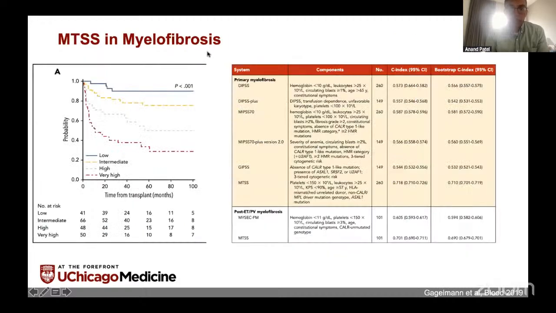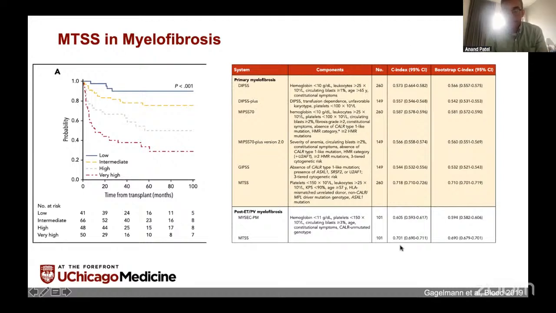There's also a score called the MTSS, and this score really looks at how much is someone going to benefit from a stem cell transplant. And the big takeaway is this was studied both in primary myelofibrosis specifically, the MTSS, and it was very effective. And it was studied specifically in secondary myelofibrosis, so post ET or PVMF.